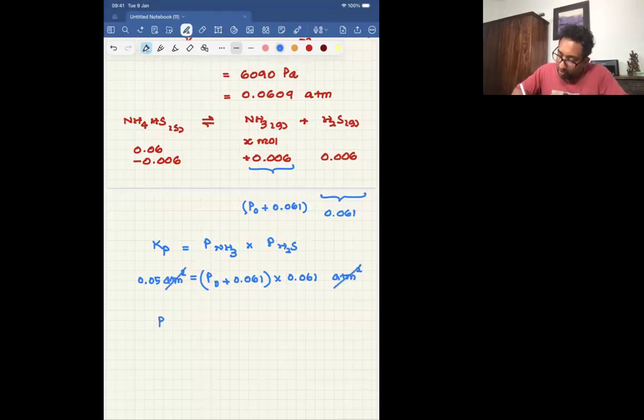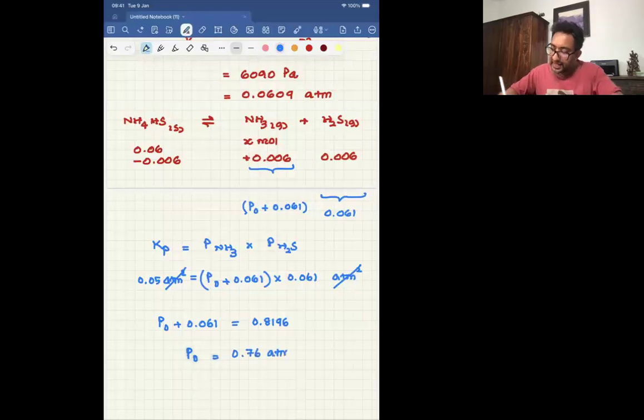So P naught plus 0.061 is equal to, what is that? 0.05 divided by 0.061 is equal to 0.8196. What is P naught? P naught is equal to 0.8196 minus 0.061, which is 0.7586. About 0.76.